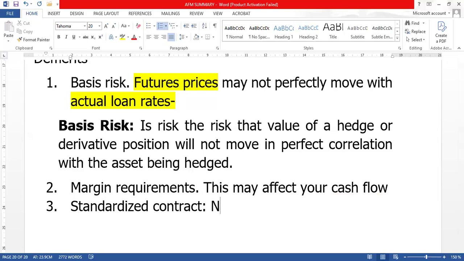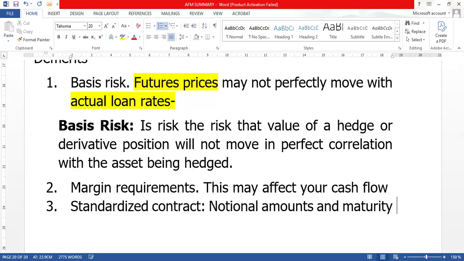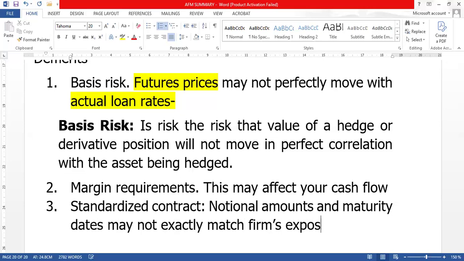So the notional amounts and the maturity dates may not exactly match the firm's exposure.